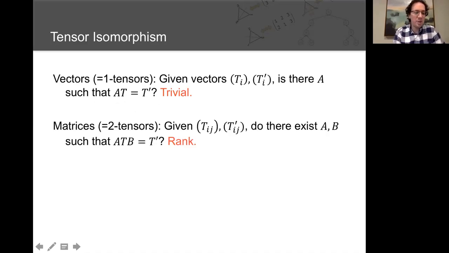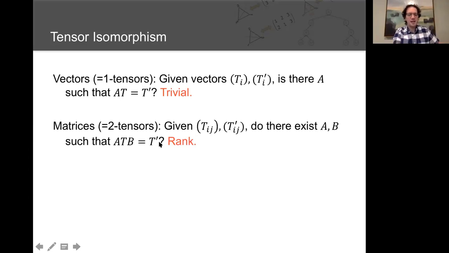Okay. Now let's do matrices, order two tensors. So now I have two matrices, t and t prime, right? They have rows and columns. And now I allow change of basis on the rows and change of basis on the columns. So I'm now asking, do there exist two matrices, A and B, invertible, such that if I left multiply by A and I right multiply by B, that transforms t to t prime.